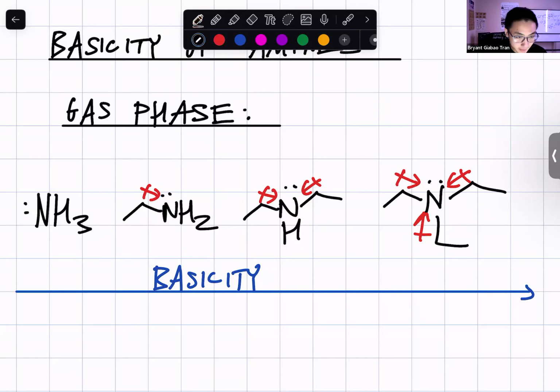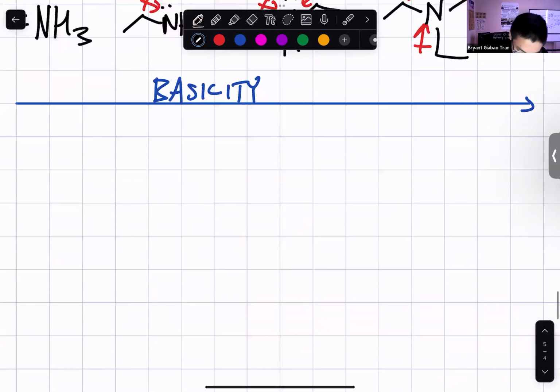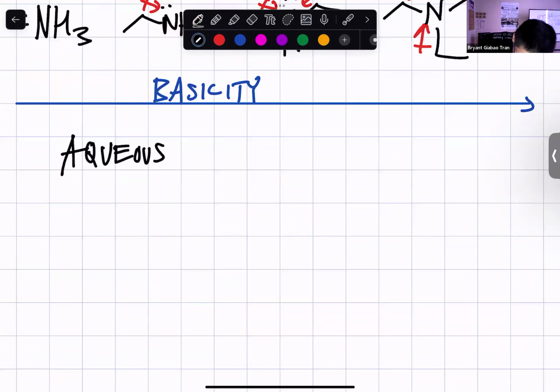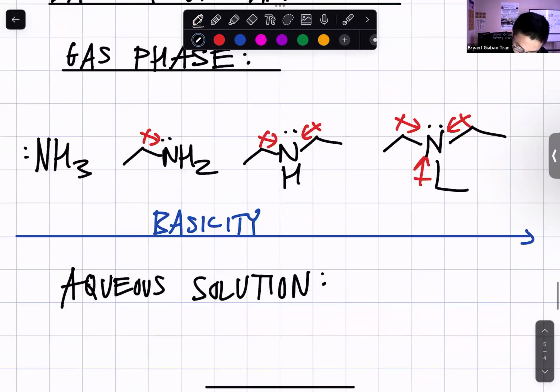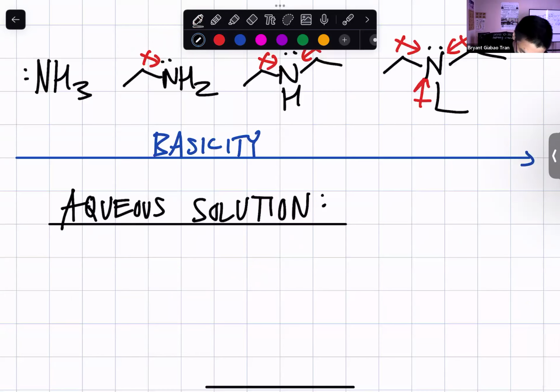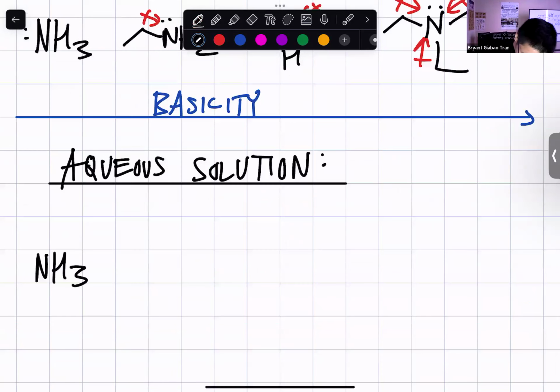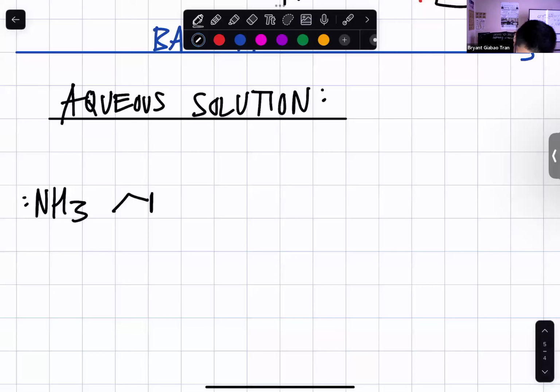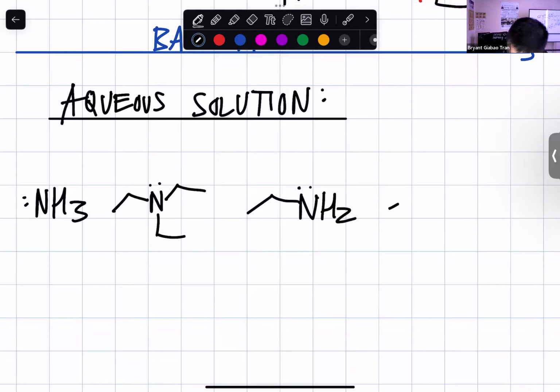It gets a little bit trickier when we move on to aqueous solution. In aqueous solution, we have to worry about three different things. I'll show you what that is, but first I'll give you the ranking list where ammonia is the weakest base, then tertiary amine is the second weakest base, then primary amine, and then secondary amine.